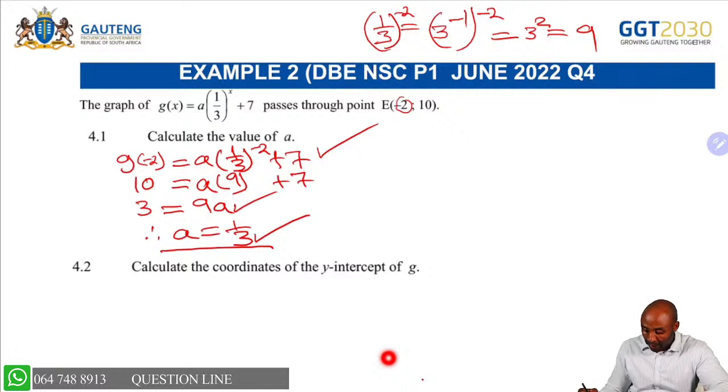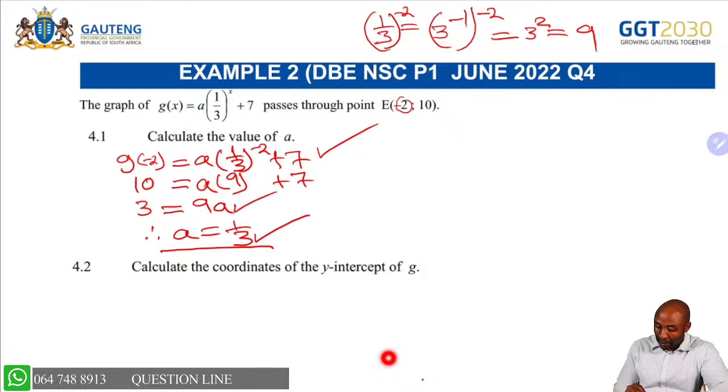The coordinates of the y-intercept of g. Now, remember, how do we get the y-intercept of g? Our y-intercept is given when our x is equal to 0.